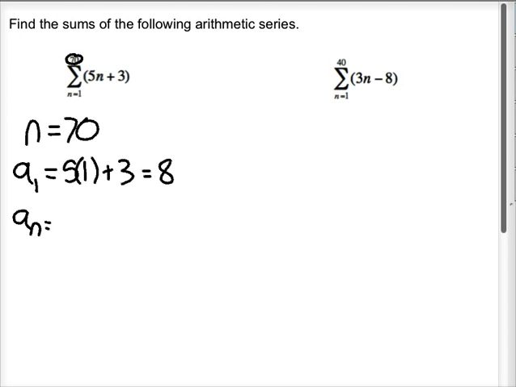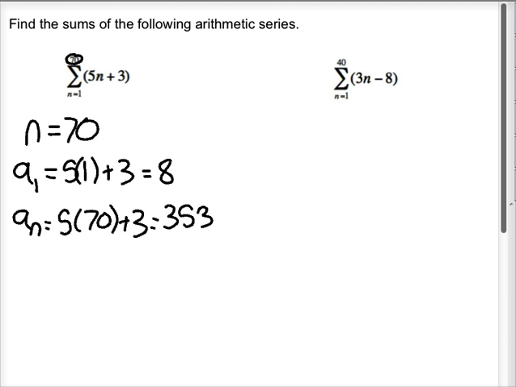An is when you plug in the last term. So when you plug in that 70 into that, 5 times 70 plus 3 gives us 353. So basically, you're given n. You just find a1 and an. You find them just by plugging them in.